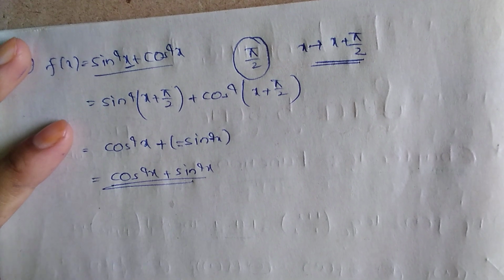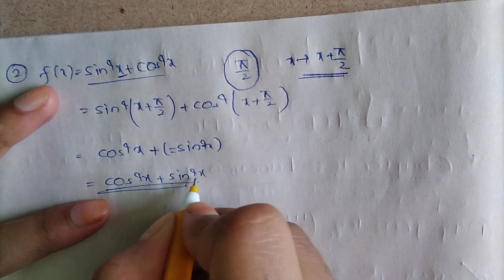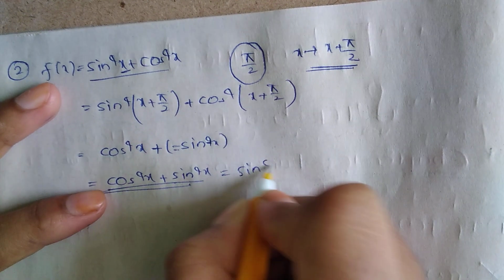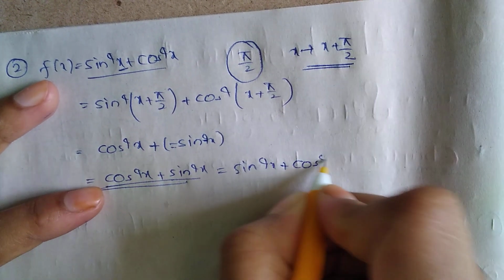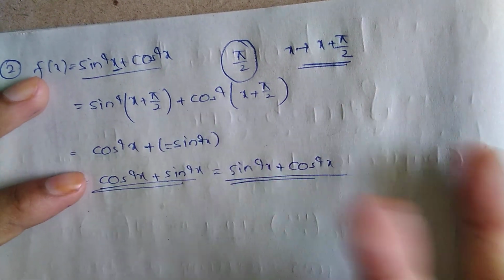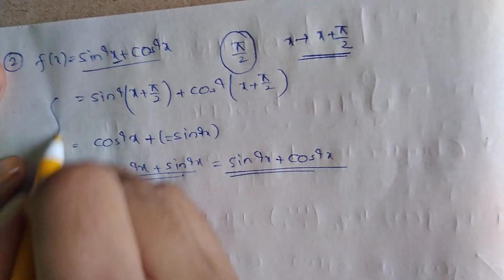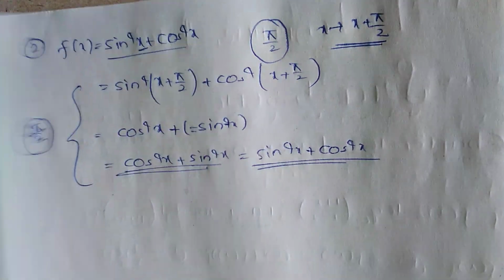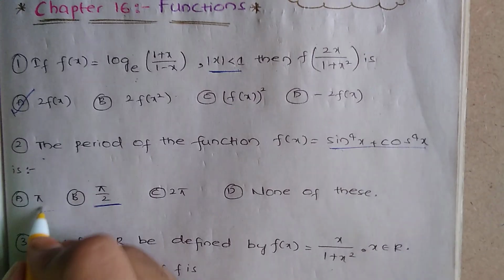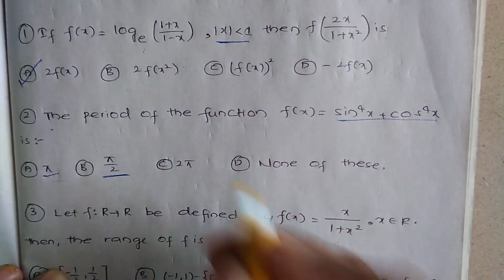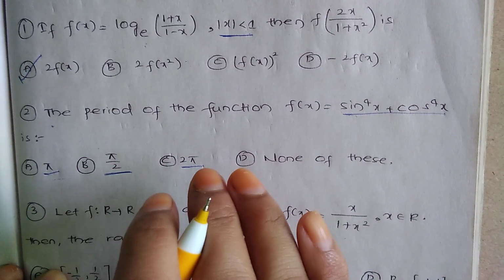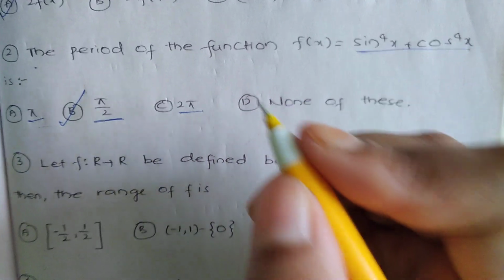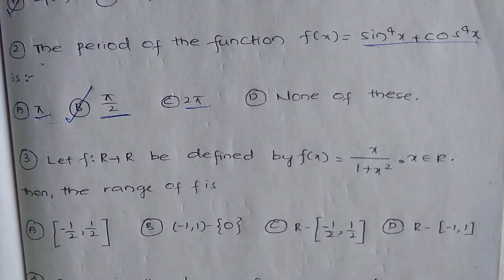Absolutely yes, because sine power 4x plus cos power 4x is equal to sine power 4x plus cos power 4x. This is anyhow the same, right? So pi by 2 is the period. You can check all these options too. If you take pi, it will not satisfy. If you take 2 pi, it will also not satisfy. So our option is pi by 2.